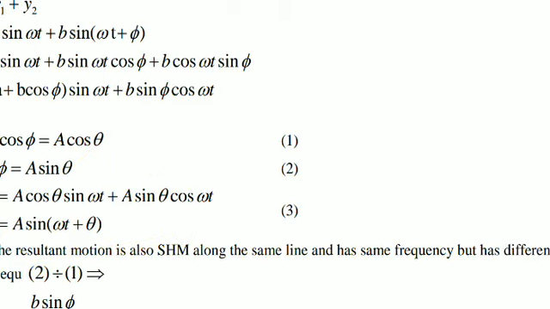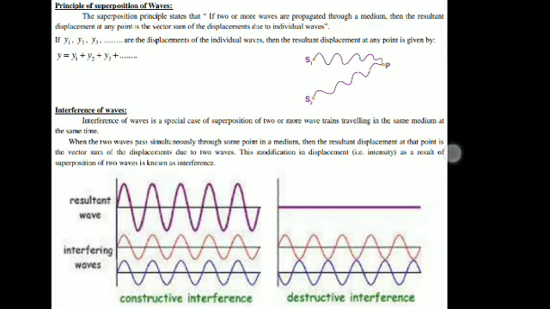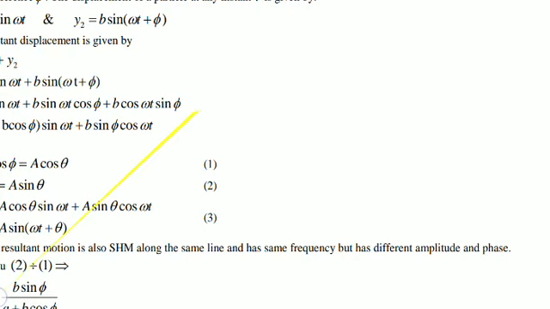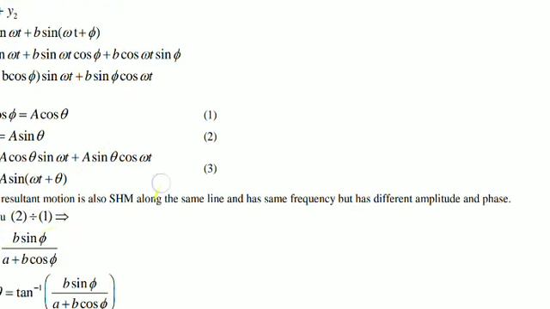If you look at this formula, A cos theta into sin omega t plus A sin theta into cos omega t, A will be common: cos theta sin omega t plus sin theta cos omega t. This is nothing but the expansion of sin of omega t plus theta. So y will be equal to A sin of omega t plus theta.